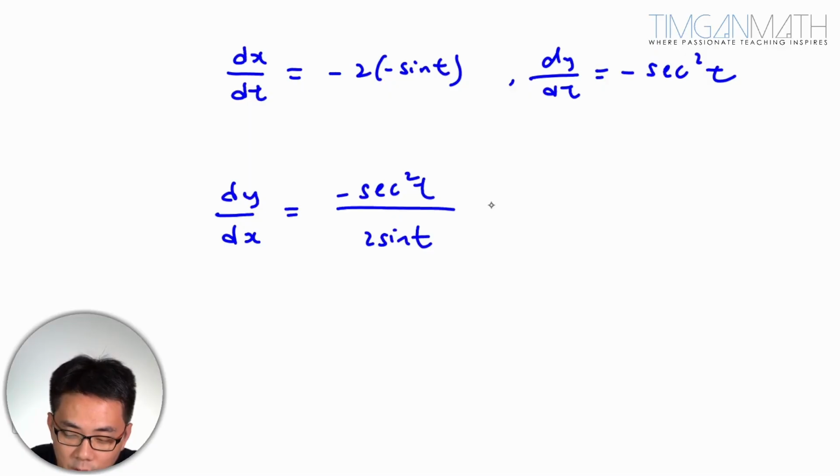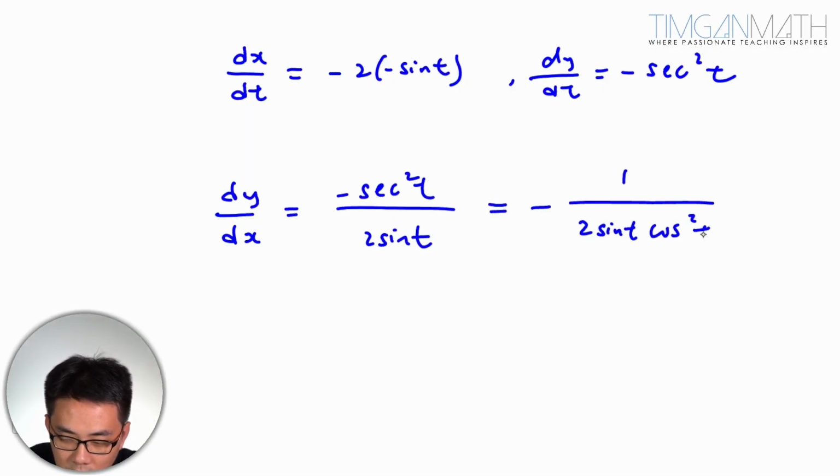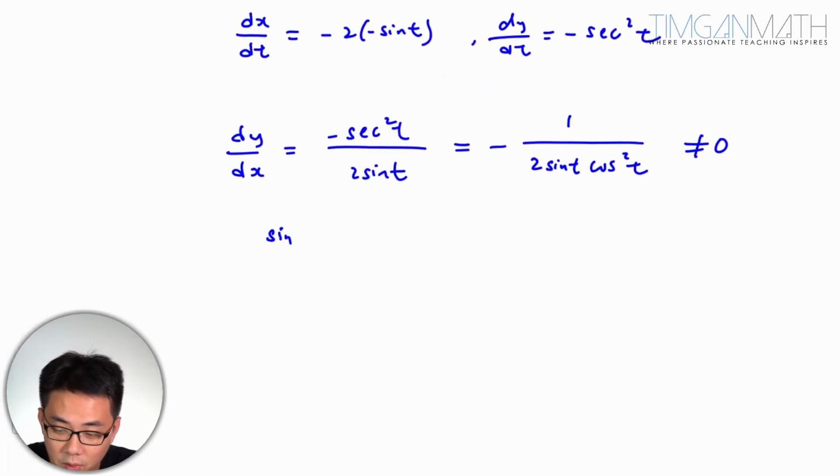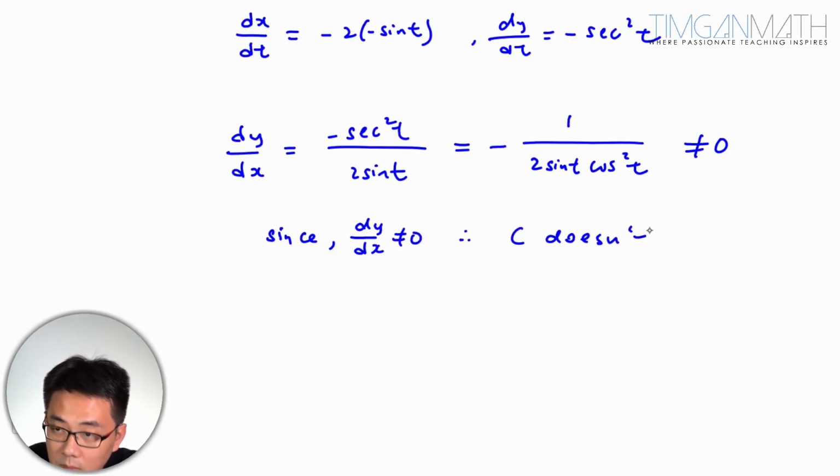If I rearrange this, it will be 1 over 2 sine t cosine squared t. Obviously, this cannot be equal to 0, because the top is 1. For it to equal 0, the top has to be 0, but the denominator is not going to 0. So since dy/dx cannot be equal to 0, hence C doesn't have any stationary point. Yes, that's okay.